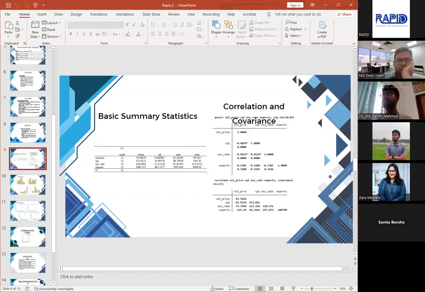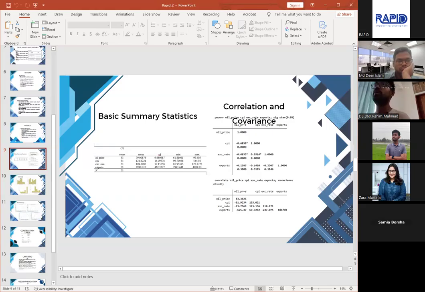Overall, the descriptive statistics indicate that all the variables exhibit sufficient variation, which is desirable for time series analysis, and none of these variables appear to have unrealistic values, suggesting that the data set is suitable for further econometric modeling.